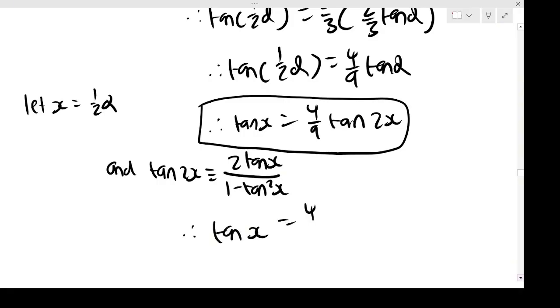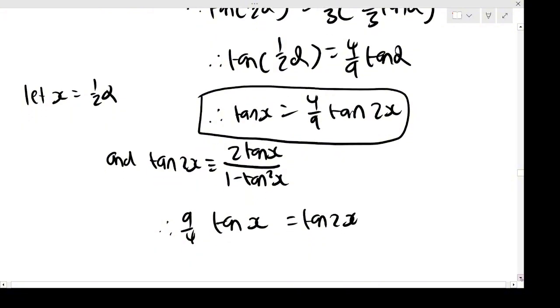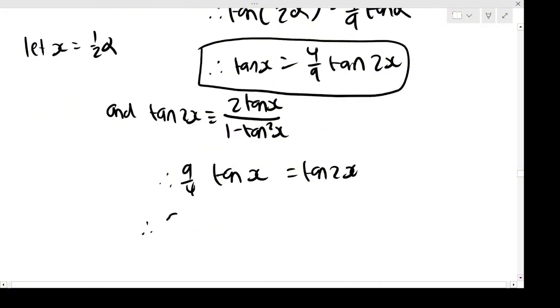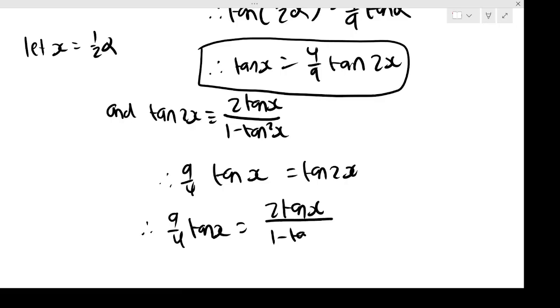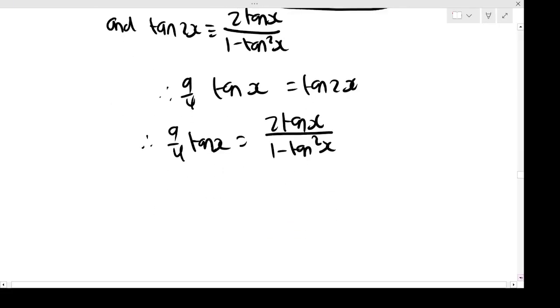Actually, I'm going to rearrange this. If I divide by 4/9, I'm going to get 9/4 tan x is tan 2x, okay? Then I can clearly substitute that in. So 9/4 tan x is going to be 2 tan x over 1 minus tan squared x. Then I can multiply across by 1 minus tan squared x.